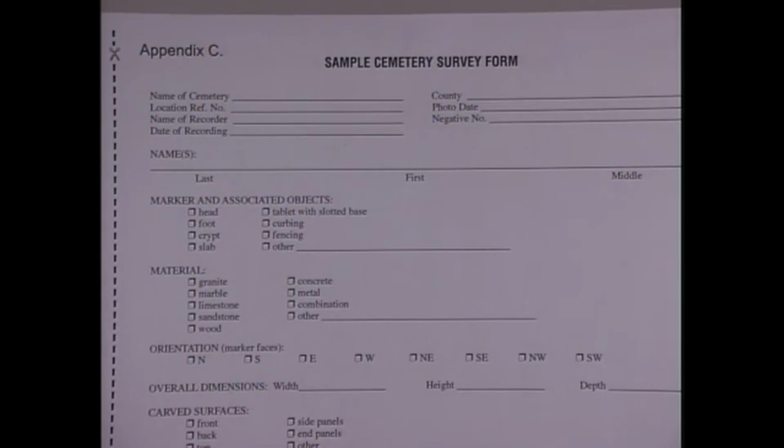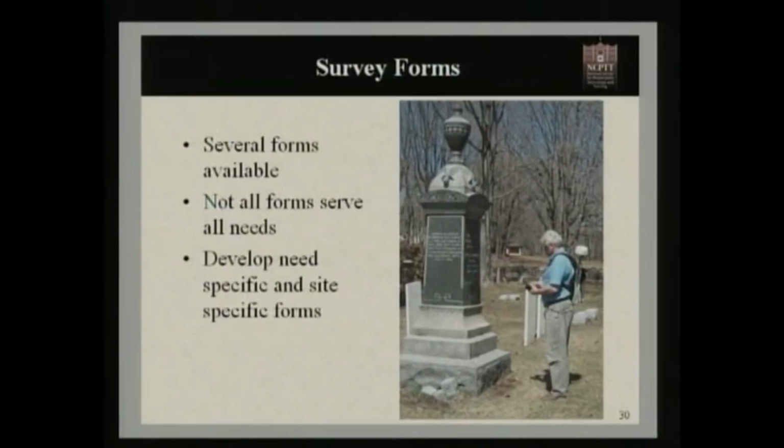Again, when I talk about cemetery survey forms, and in our next slide, we'll see different types of systems that can be used. Here, we see a gentleman who's using a global positioning system, a GIS system, in association with a handheld device to study the grave markers in a cemetery.